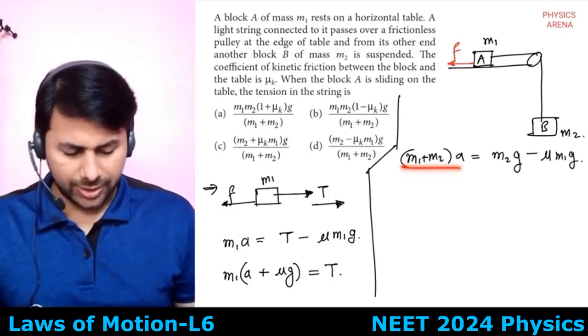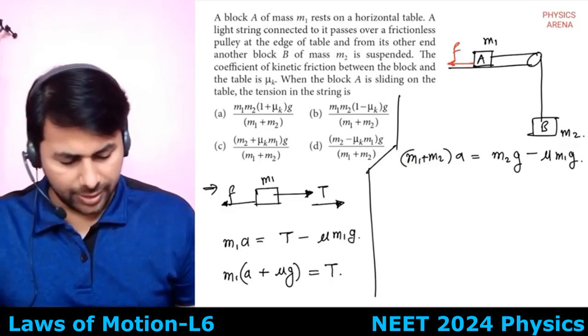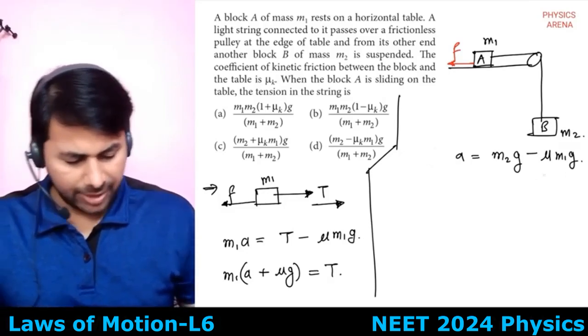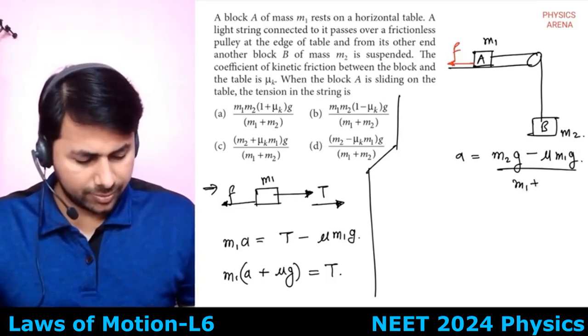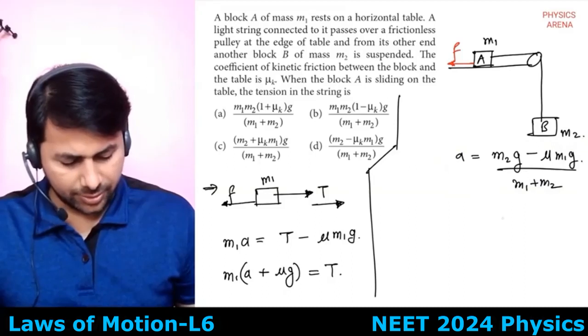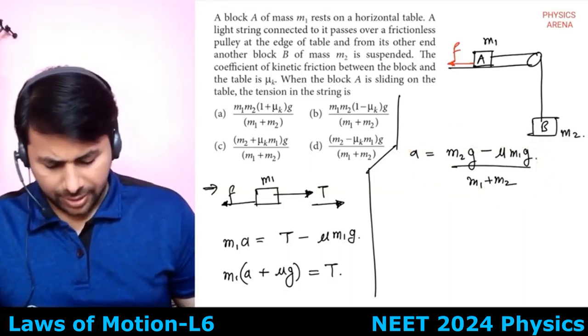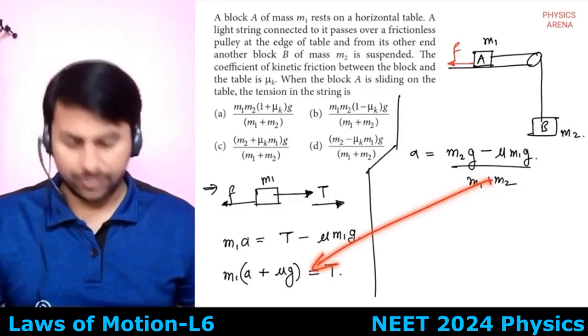Move this on the other side, so you get acceleration. Just divide by m1 plus m2. So we got acceleration.